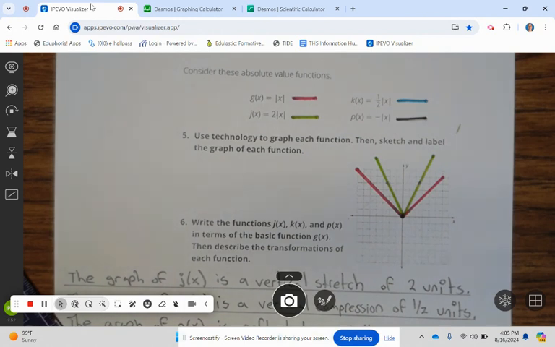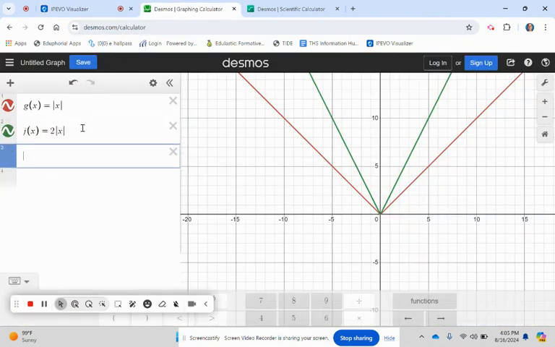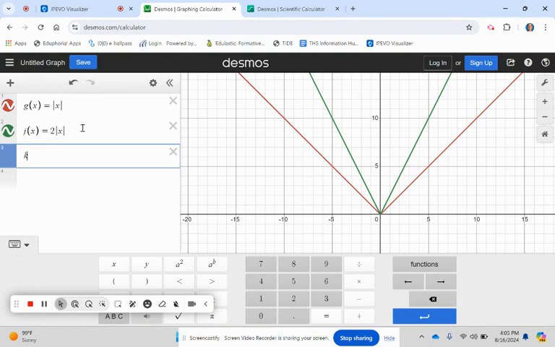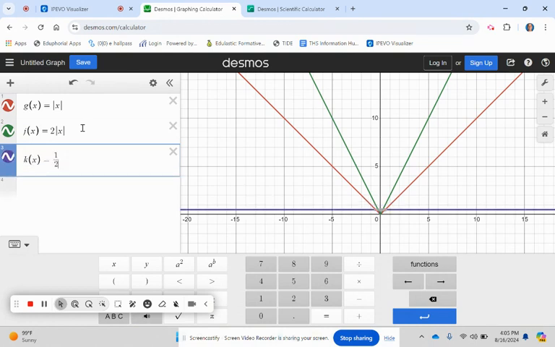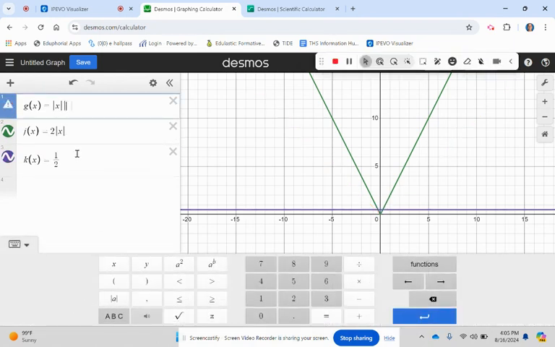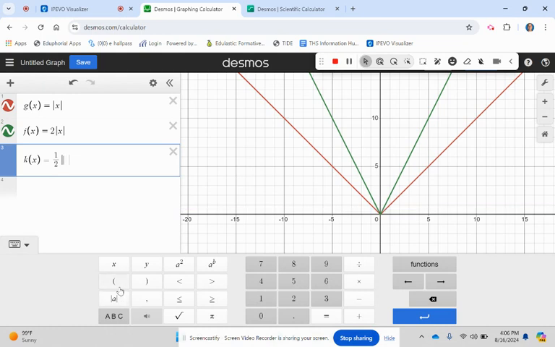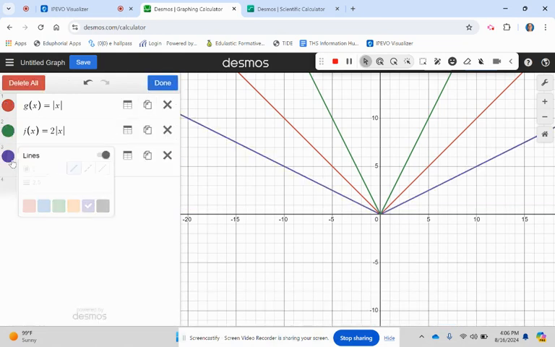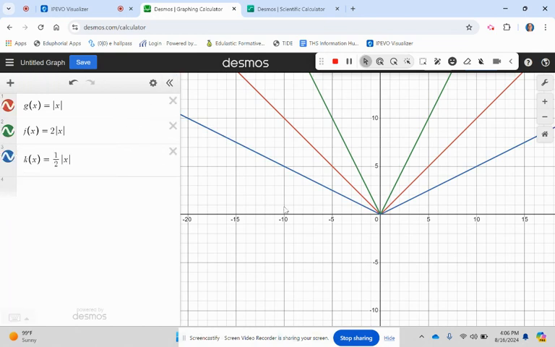Now let's take a look at the next one. We have k of x equals 1 divided by 2 times absolute value of x, and what did we say, blue? So let's change the color to blue. Done.